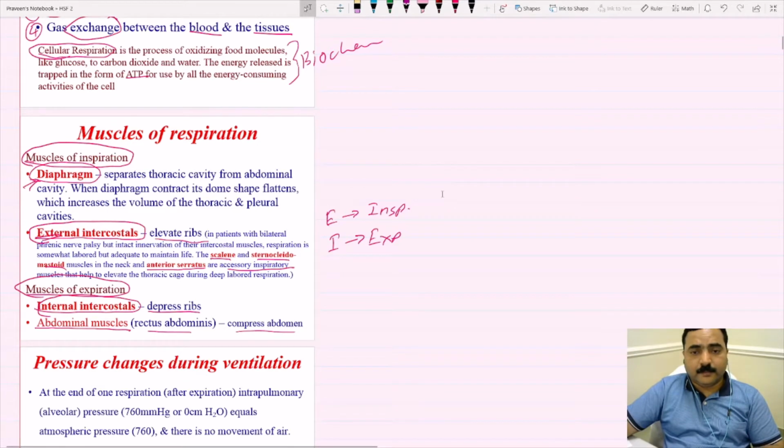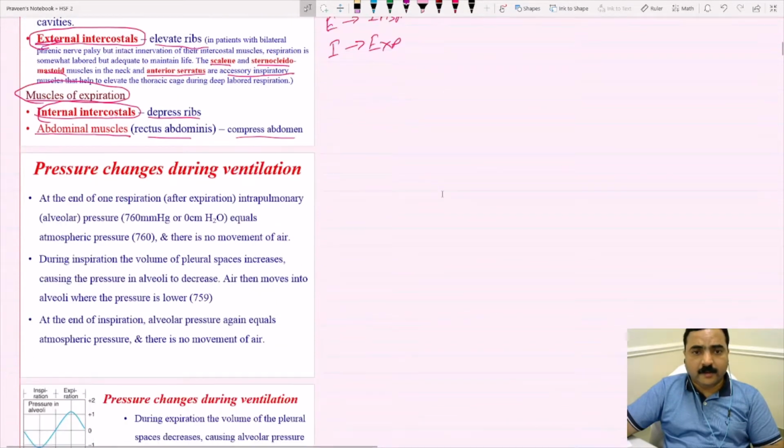Next, the reason for the air to move in is the pressure change. The air moves from high pressure to low pressure. So for inspiration, the atmospheric pressure should be higher than the intrapulmonary pressure.